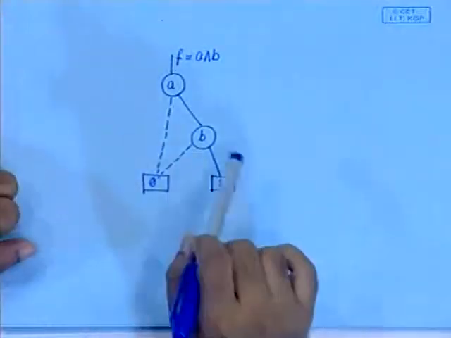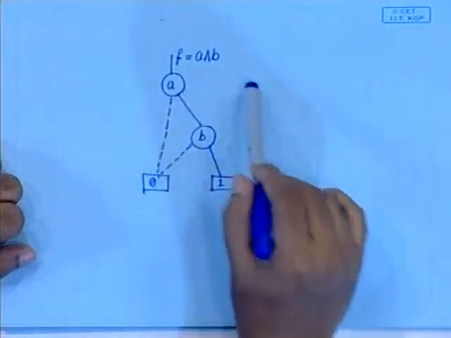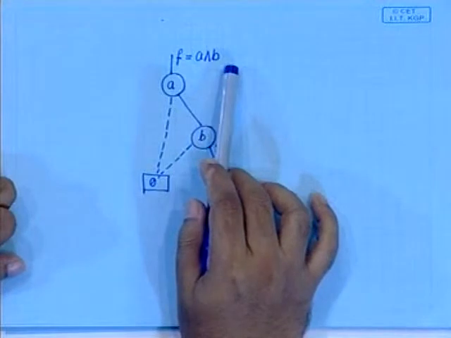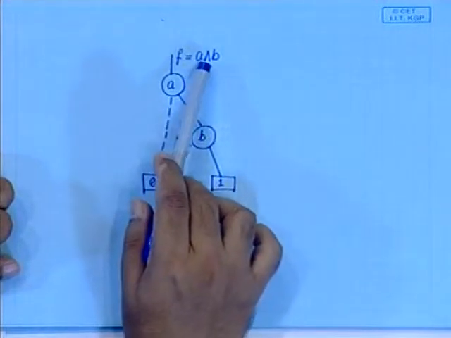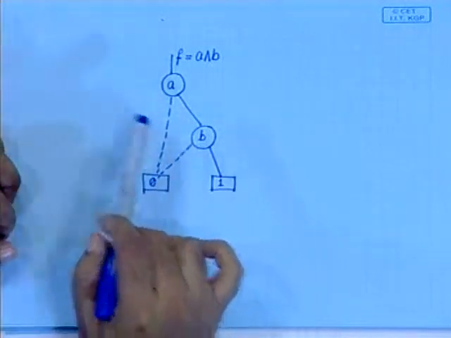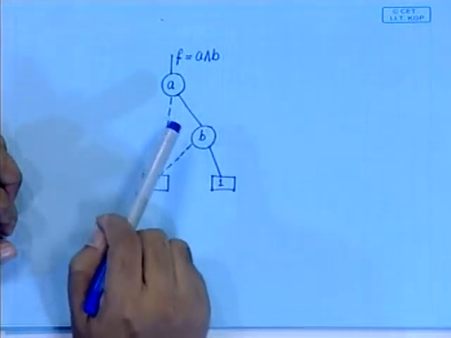Just to recapitulate quickly, the picture shown here is a binary decision diagram for the function f equal to a and b. Corresponding to each variable we have nodes in the binary decision diagram, and we have two types of edges.